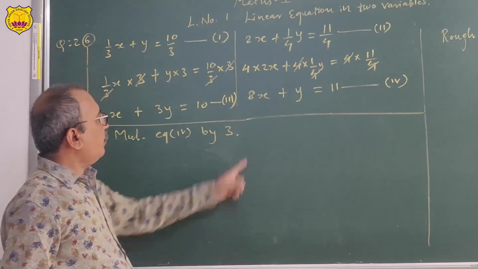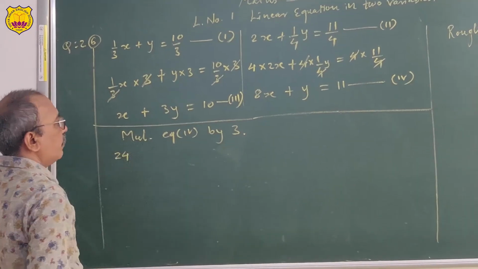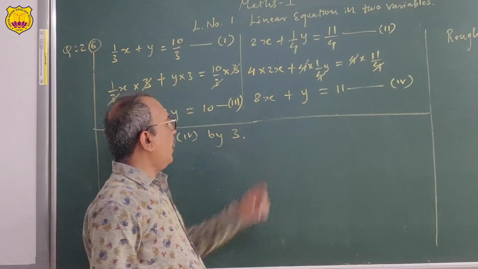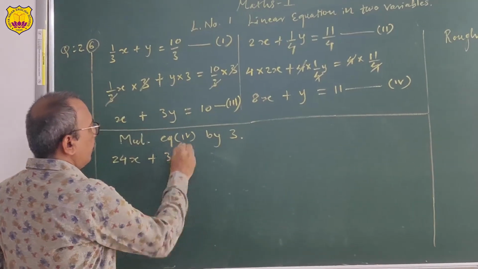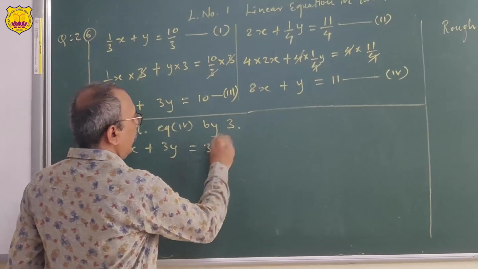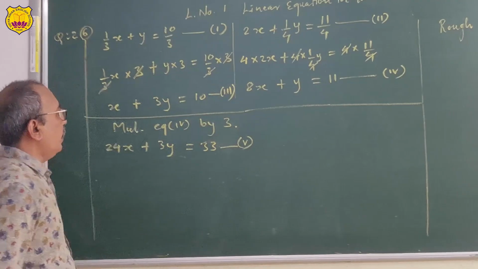So what will we get? 3 into 8x is 24x. Then 3 into y will be 3y. Then 3 into 11, 33. And the new equation is the fifth equation.